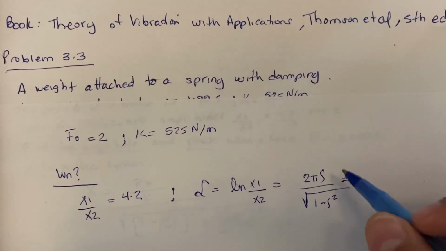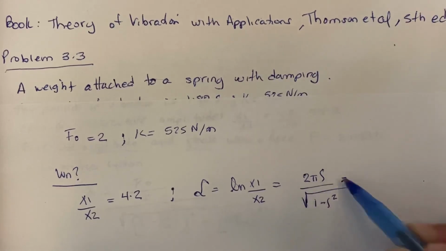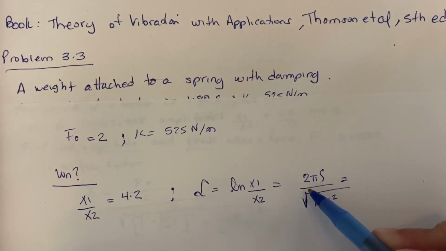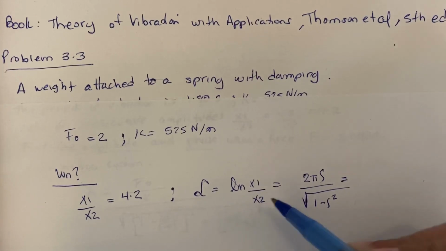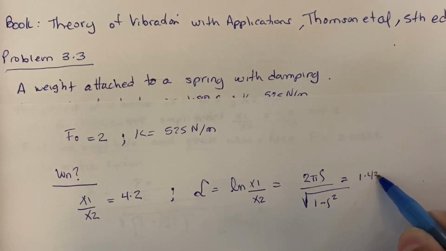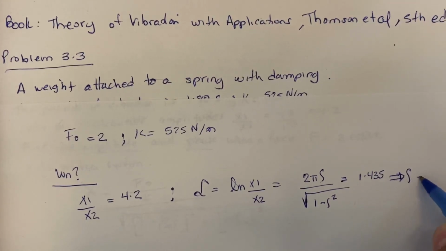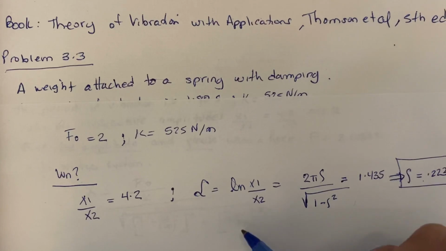So let's do that. If we solve this equation, the natural logarithm of this ratio is equal to 1.435, and solving this equation for the damping ratio, we find that the damping ratio is equal to 0.223. Now, how do we relate the damping ratio to the natural frequency?